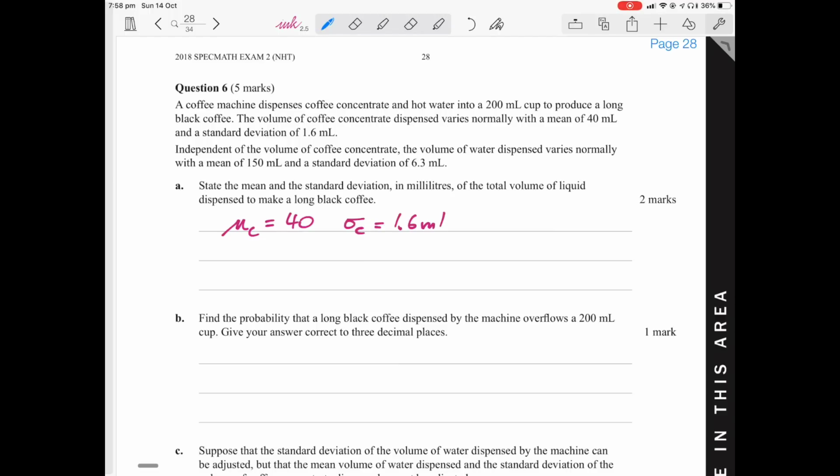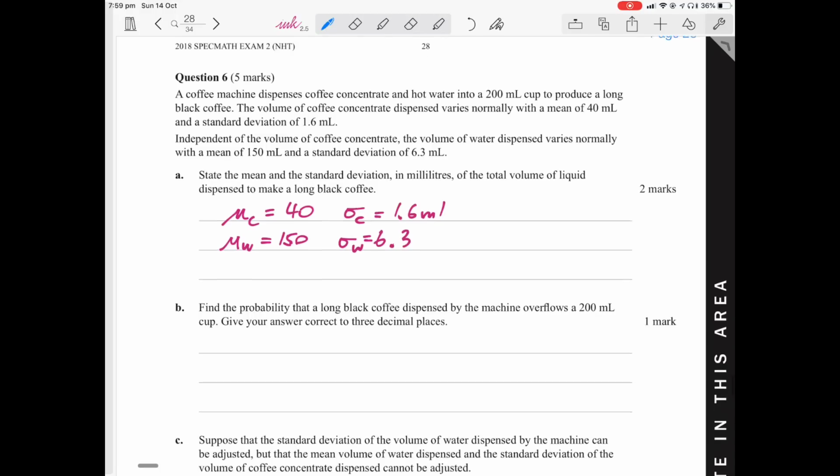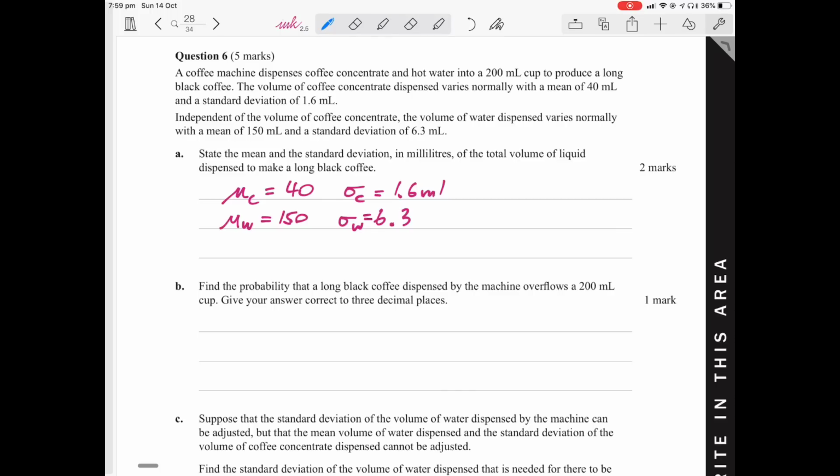Independent volume of coffee concentrate. The volume of water dispensed is normal with a mean of 150. So mean of water is 150, and standard deviation of water is 6.3.